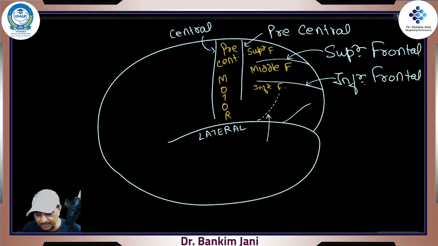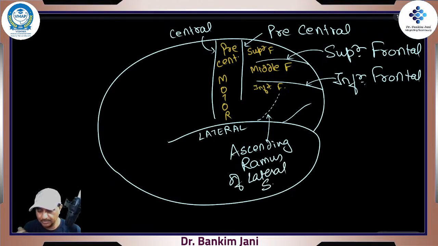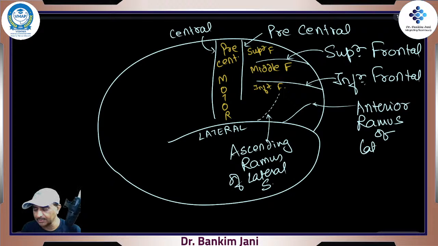This one is the ascending ramus of the lateral sulcus, and this one is the anterior ramus of the lateral sulcus. Good. So it has divided the inferior frontal gyrus into three parts.